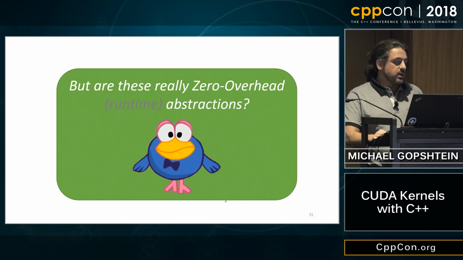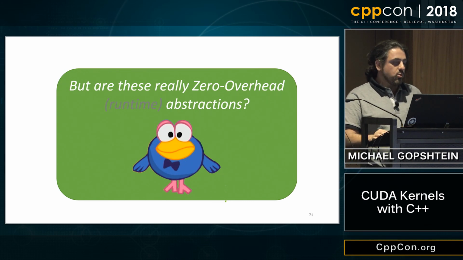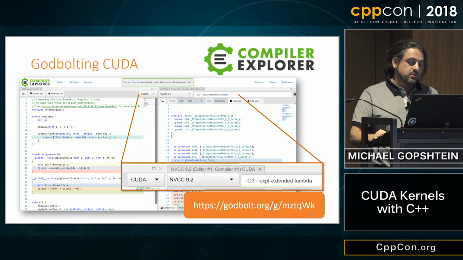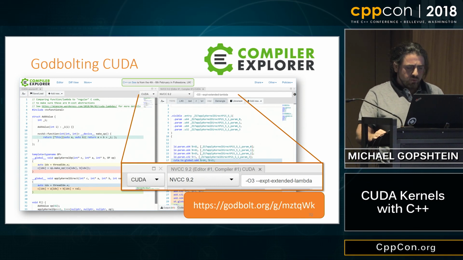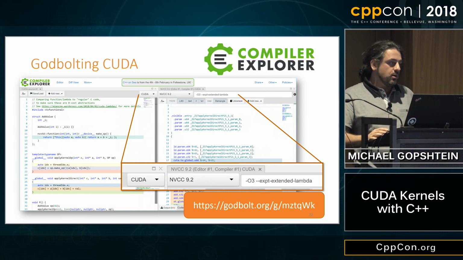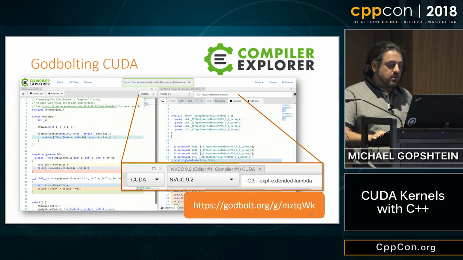So one approach might be to do some profiling on the code. It is hard to profile the code to this granularity of the results. So instead, we can use tools like Compiler Explorer, and starting from recent versions of Compiler Explorer, it supports CUDA compilation. Basically, we can write our algorithm as a simple C function or use all the C++ features.